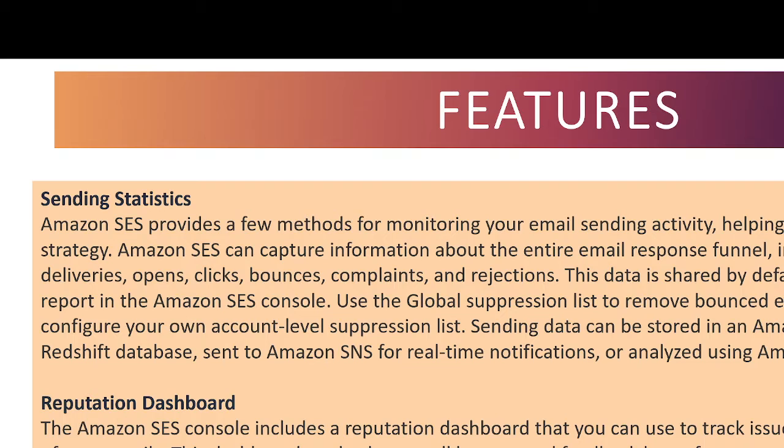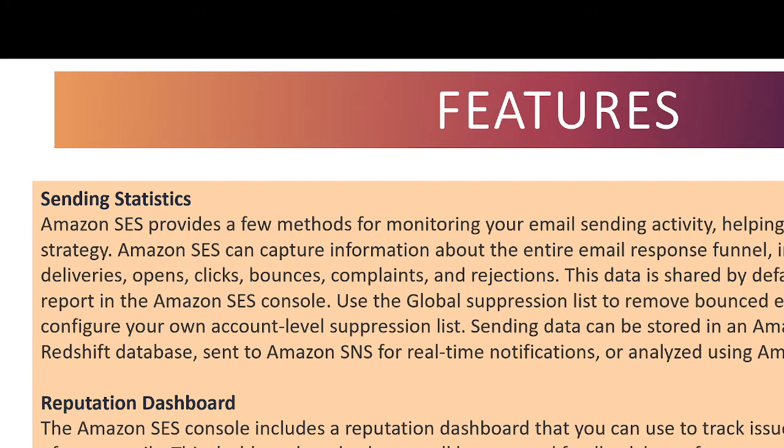Amazon SES can capture information about the entire email response funnel, including the number of sends, deliveries, opens, clicks, bounces, complaints, and rejections. This data is shared by default in the sending statistics report in the Amazon SES console, which is very easy to access.